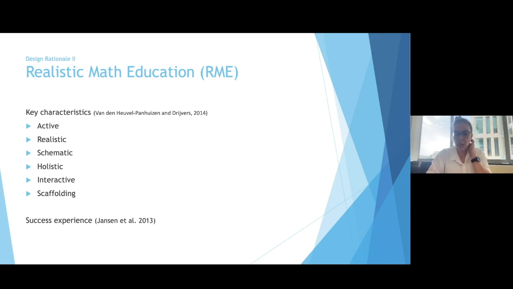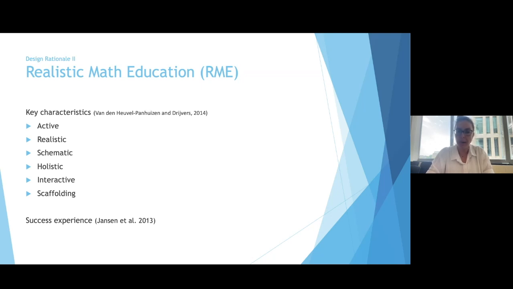So the closer the children feel to a robot, the more interested they are to keep interacting with that robot. This is the key for the long-term effectiveness of a robot math tutor. And therefore, in our implementation of the robot tutor, we looked to create these key characteristics, and these consisted of what they call the math instruction theory, so the realistic math education, and that consists of a couple of key characteristics.